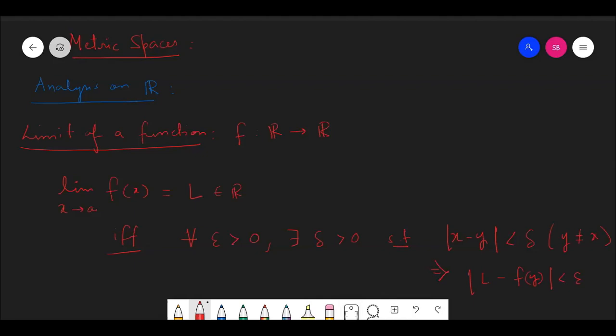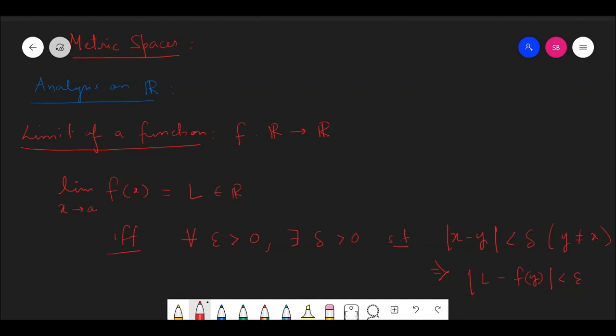What we are saying is that for any arbitrarily small epsilon greater than 0, we can have some delta greater than 0 such that for all numbers close to x by delta, that is, the difference between that number and x is less than delta, and that number is not x, then for that number, the functional value is epsilon close to L. That is the thing.